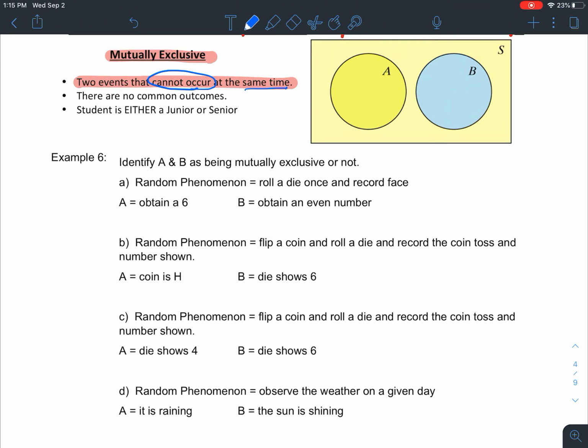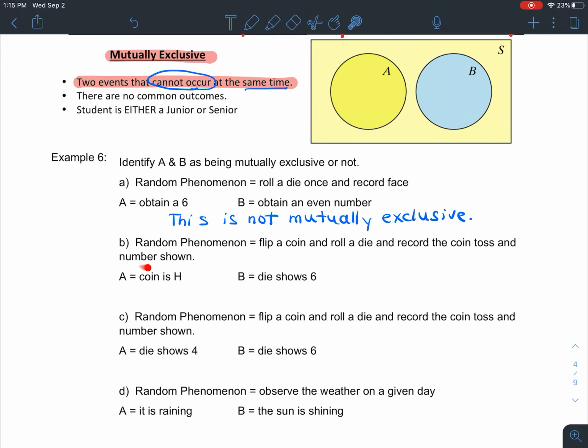Event A is that you rolled a 6. Event B is that it was an even number. And so you're asking yourself, could these 2 things happen at the same time? Absolutely. A 6 is an even number. So we are going to say that this is not mutually exclusive. Okay, this is not mutually exclusive.